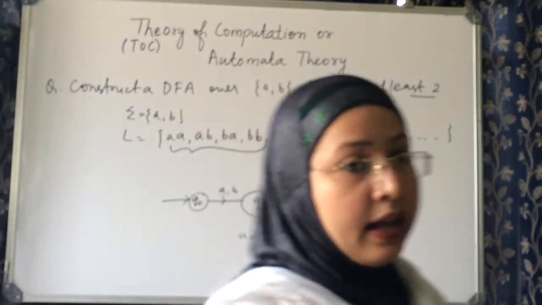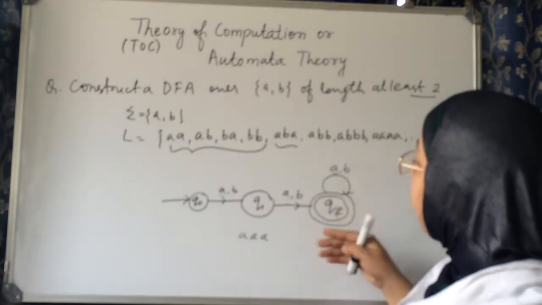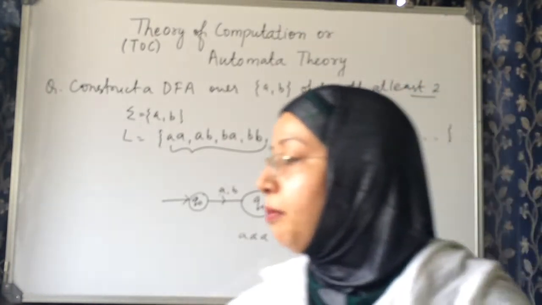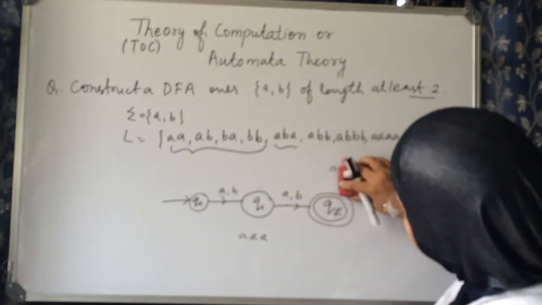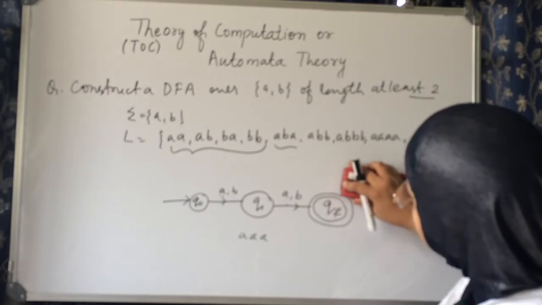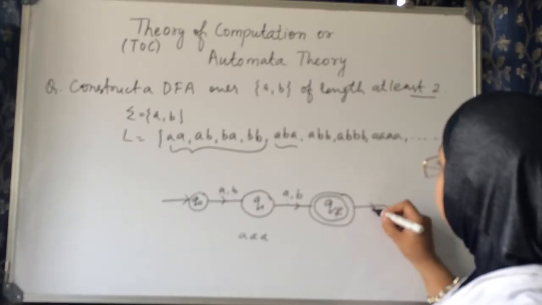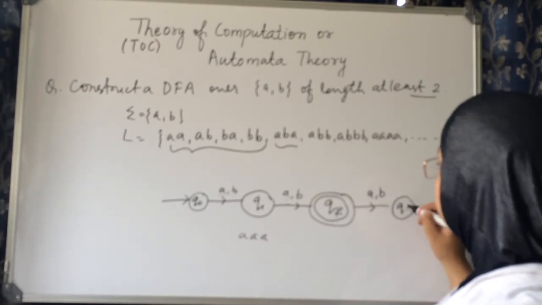So again, this is the minimal DFA. Why am I writing it like this? Because we want fewer states. You can make it like this also, that after this, if it sees A or B, it will go to a final state.